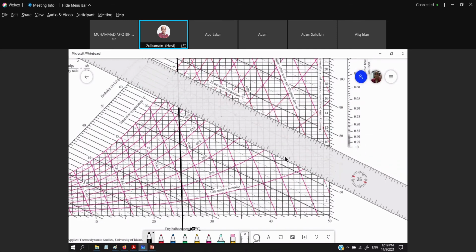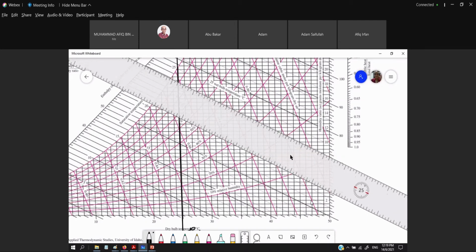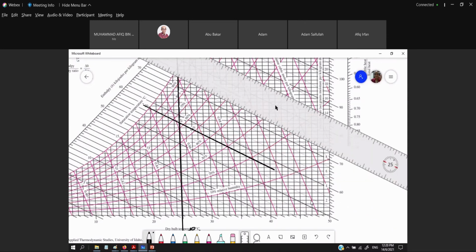And I'm going to put it at 20 degrees C. Okay, so this is 20 degrees C. A bit lower. Okay, so let me sketch that. This is 20 degrees C.